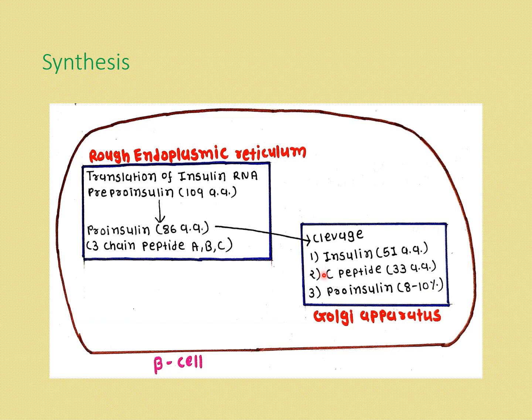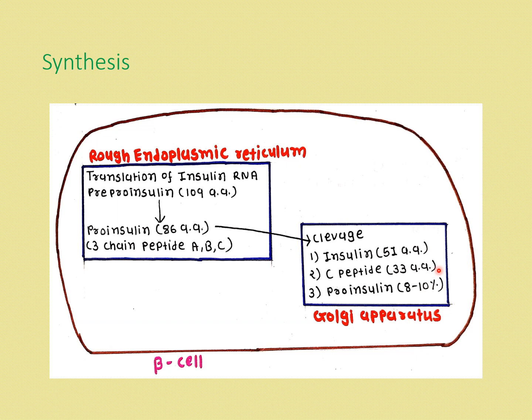Some amount remains as it is, means 8 to 10% is the proinsulin. Now this insulin has 51 amino acids, having A and B chain which are connected with disulfide bonds, and C-peptide has 33 amino acids. C means connecting peptide.